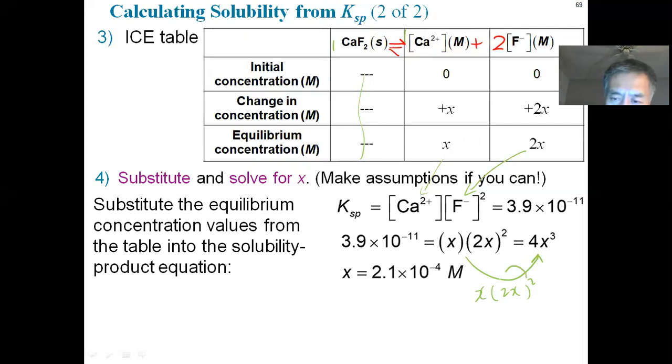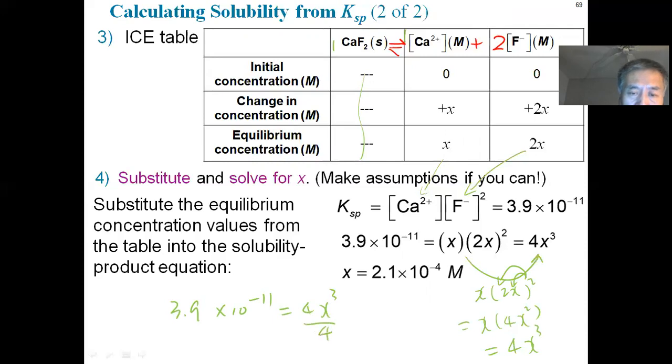You square the 2, you square the x. So that becomes x times 4x squared, which becomes 4 times x cubed. Initially you get 3.9 times 10 to the negative 11 equals 4x cubed.